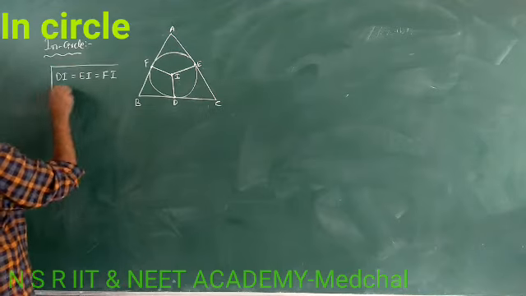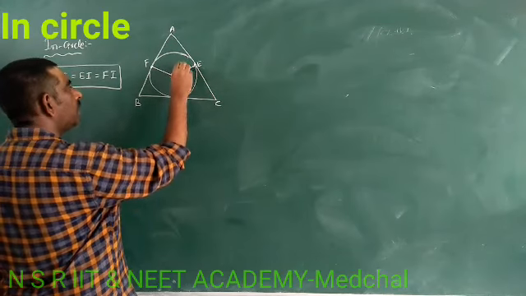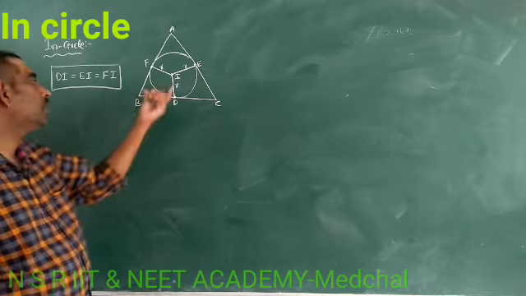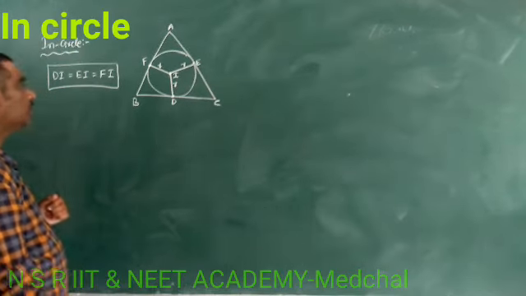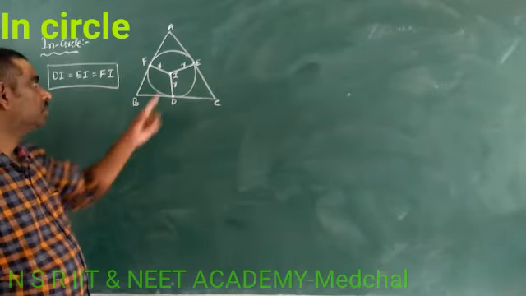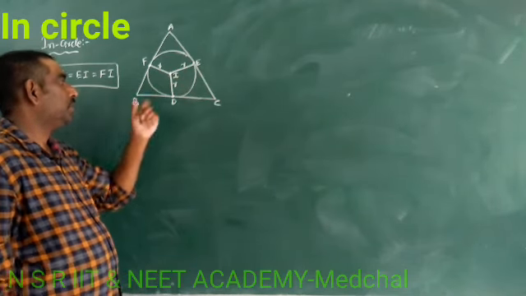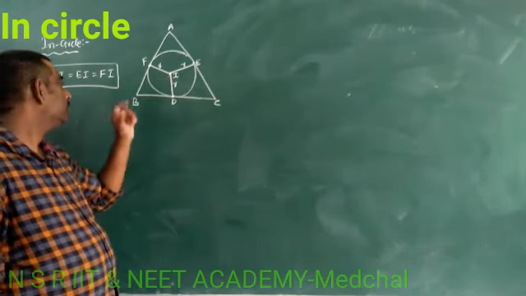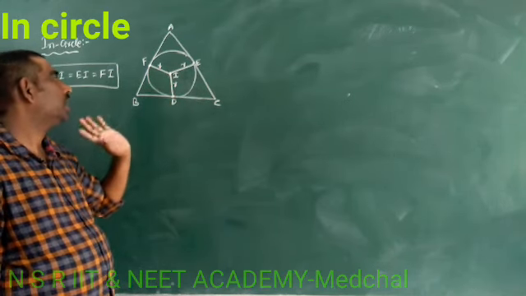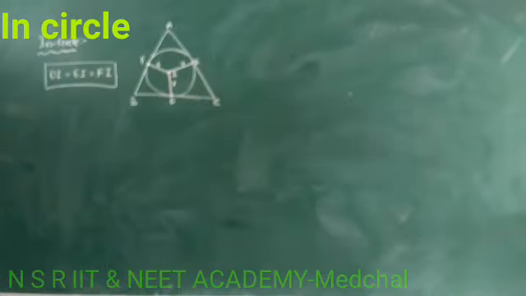These three are equal because the ID distance is the radius of the in-circle, and in a circle all the radii are equal. That's why DI equals EI equals FI. So I is the in-center, and the in-circle says that the distance from I to all the sides of the triangle is equal. So this is about the in-center.